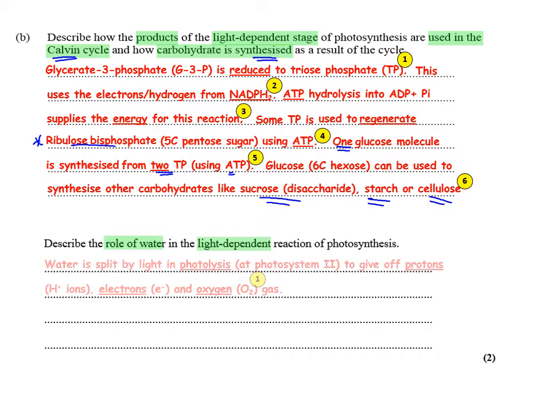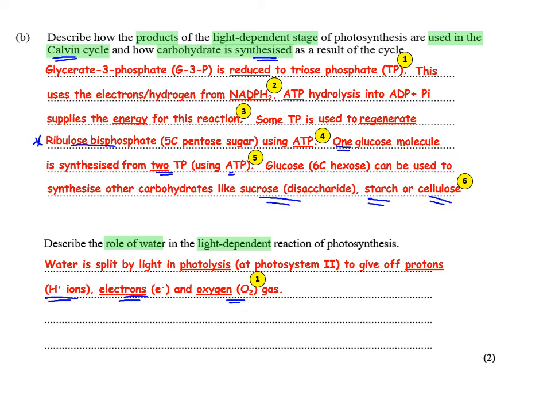So here we can start to talk about water is split by photons of light in photolysis, and this happens at photosystem 2 in the thylakoid membrane on the left side, and water then gives off protons or H+ ions, 2 low energy electrons, and also oxygen gas.